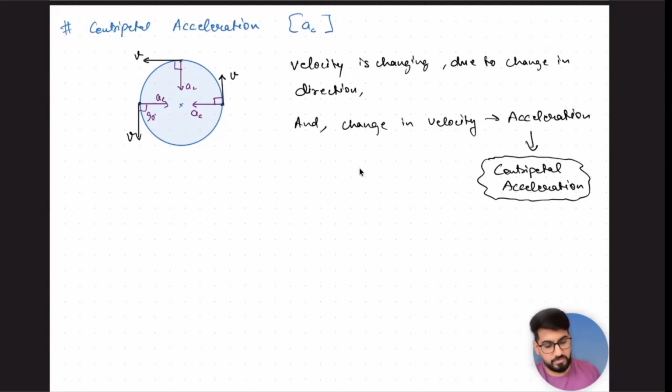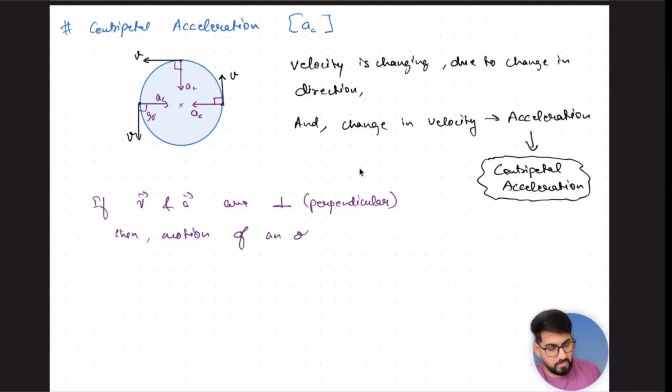In other words, you can say if velocity and acceleration are perpendicular, this symbol means perpendicular, then the motion of an object will be circular motion.